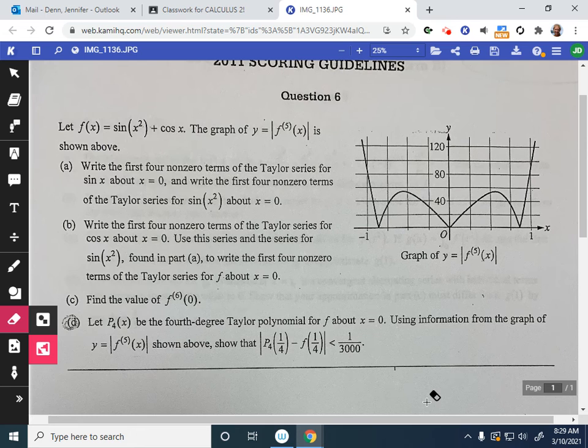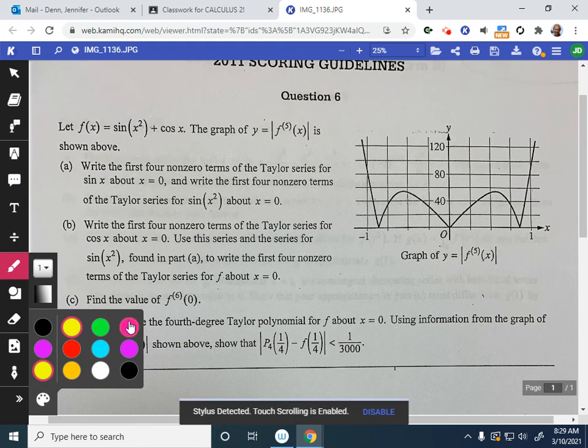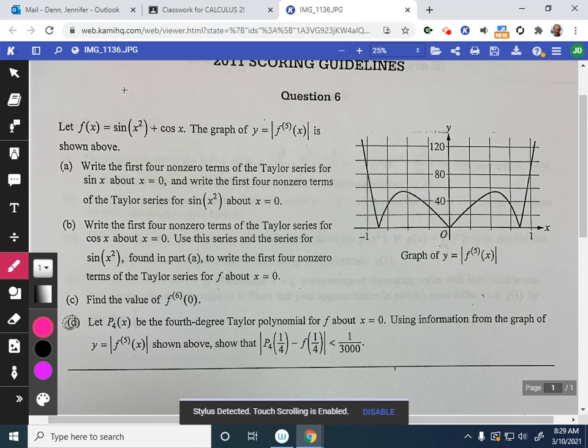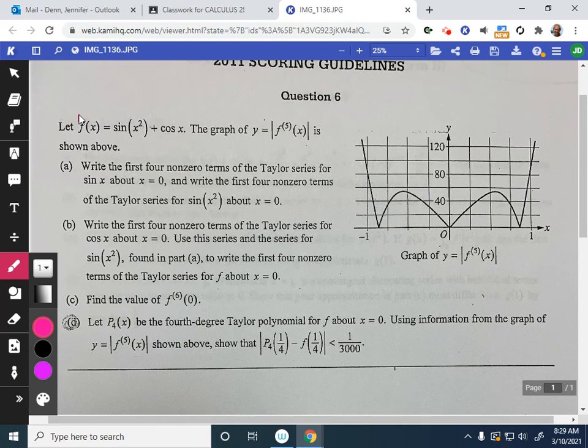But first, let's start with A through C, which shouldn't be too problematic, just requires a little bit of thought and some explanation about what this is talking about. So we start off with, let f of x equal this crazy function. The graph of y equals this. What is that?